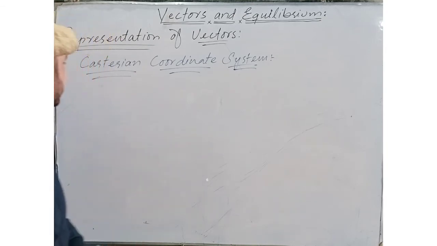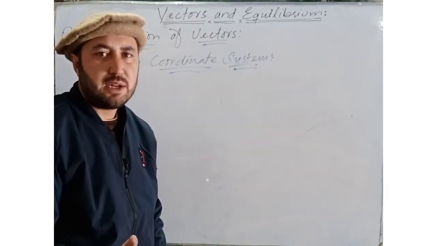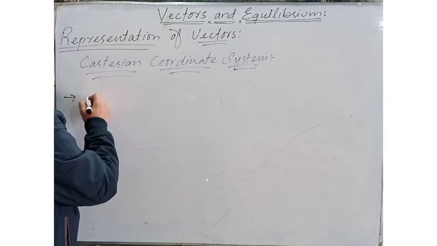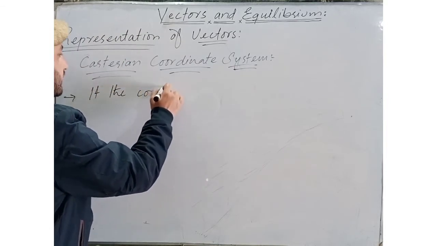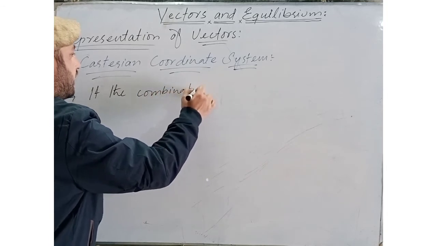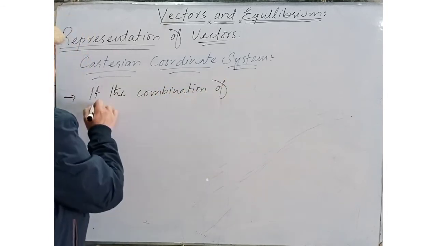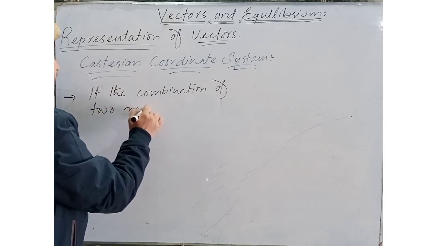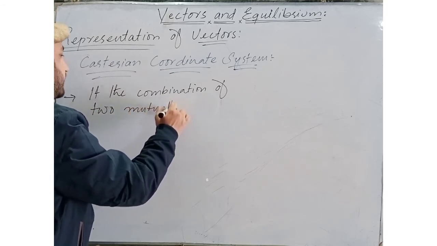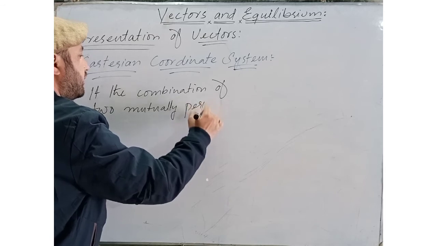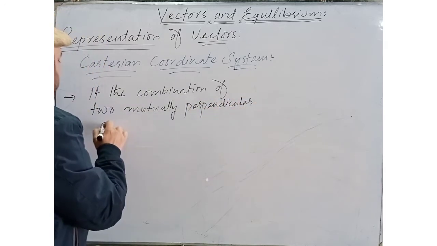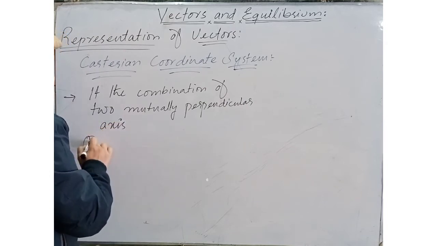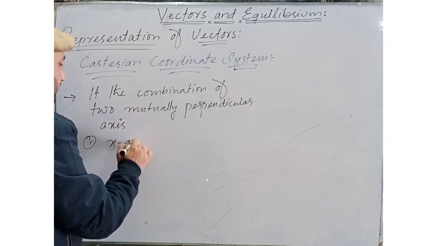Now what is this Cartesian coordinate system? It is the combination of two mutually perpendicular axes. The first one we call the x-axis.